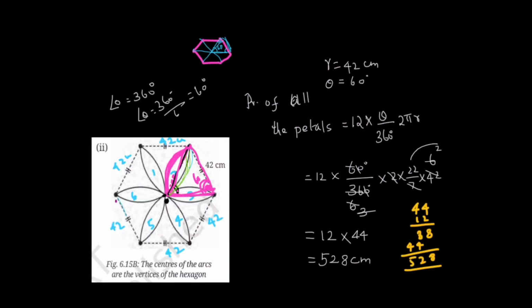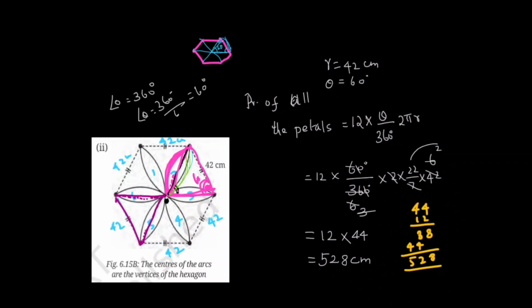For example, look at this 42 centimeter. If I am joining with the center, I can get an equilateral triangle. So all the angles in this triangle are 60 degree.